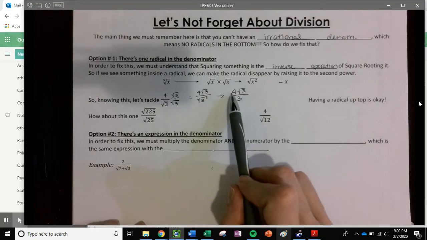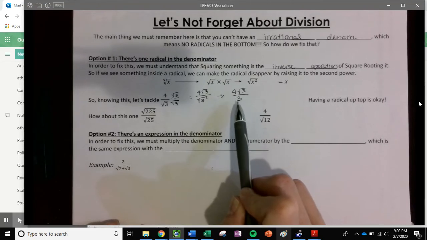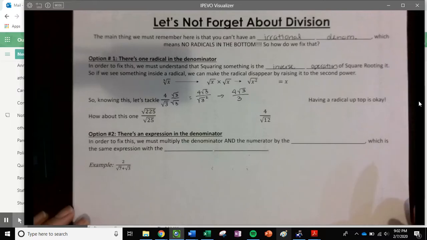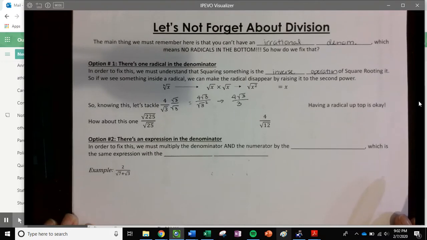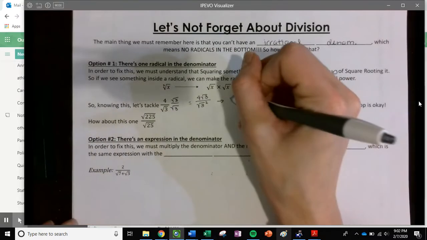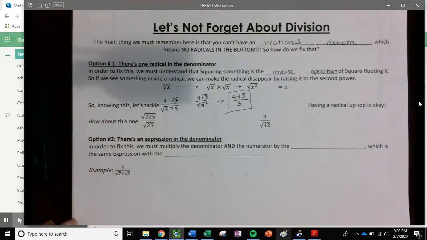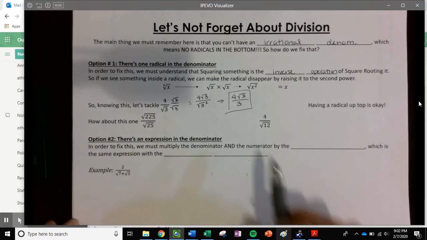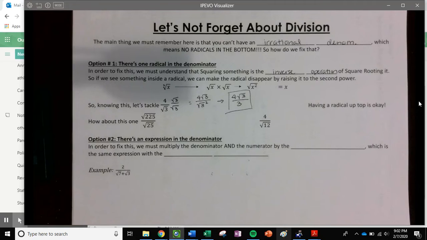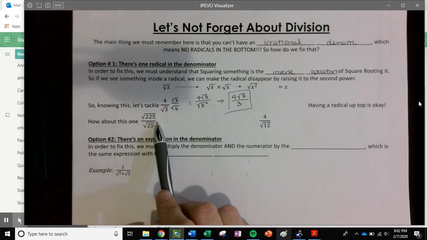If we could divide 4 by 3, that's not going to give me even division. It's just going to leave me with a fraction of 4/3. So this is my answer: 4 times the square root of 3 divided by 3. It's okay to have a radical up top. You can have a radical in the numerator of your division problem, but you cannot have a radical in the denominator.